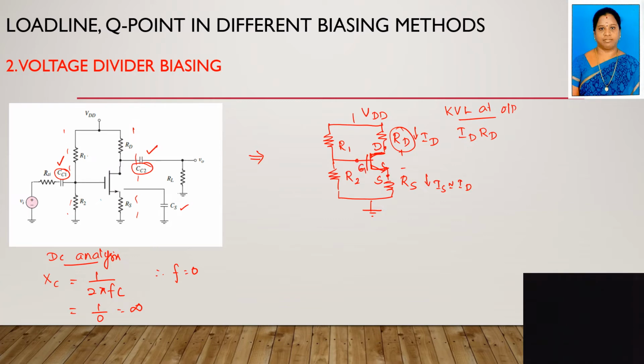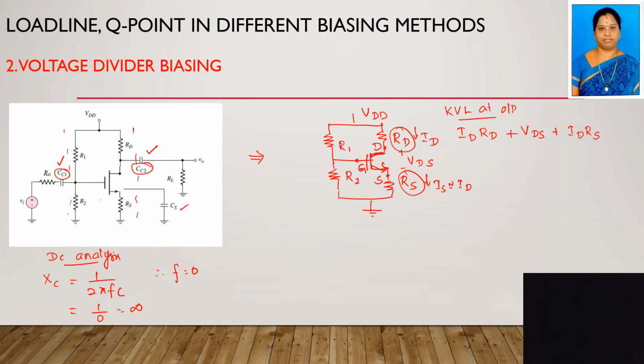The voltage across drain and source is VDS. So I write ID into RD plus VDS plus the voltage drop across RS, which is IS into RS, and instead of IS I can substitute ID.